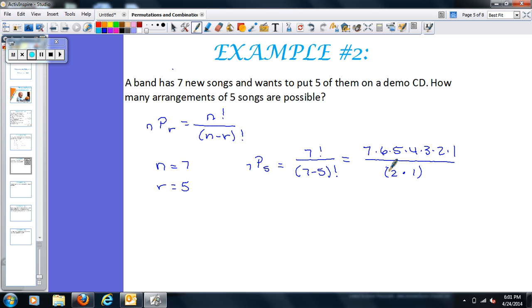Well, when I do the division here, the first thing I can do is cancel these, which then leaves me with 7 times 6 times 5 times 4 times 3. And when I multiply those together, I get 2,520 possible arrangements.